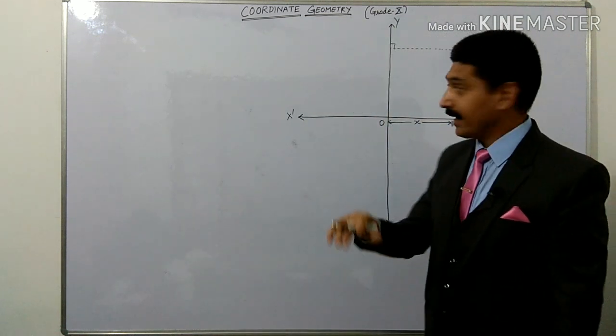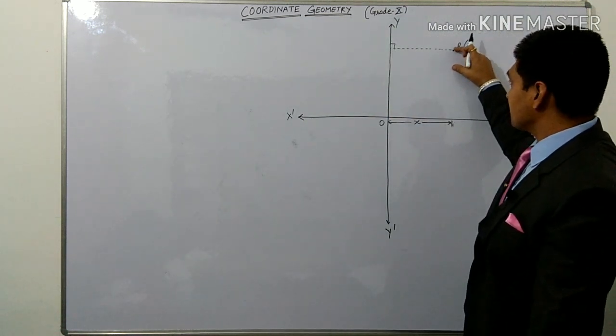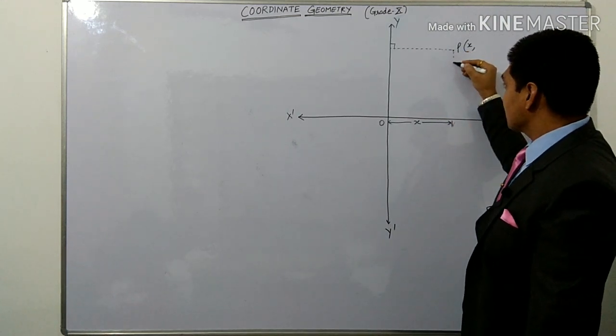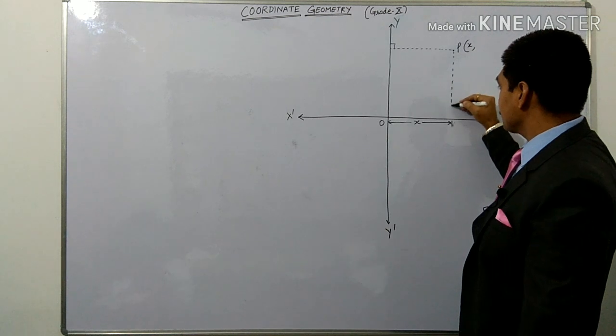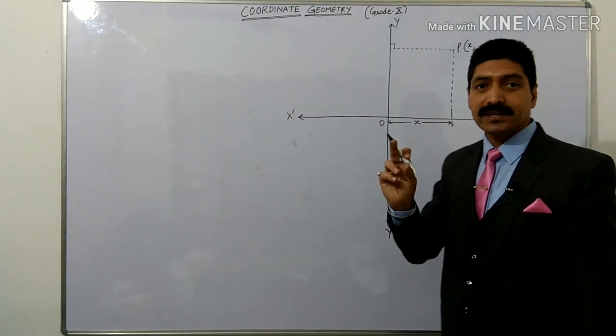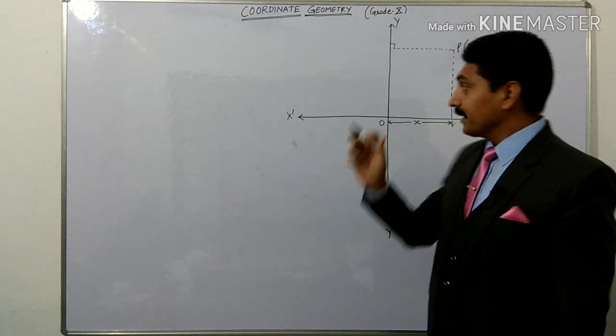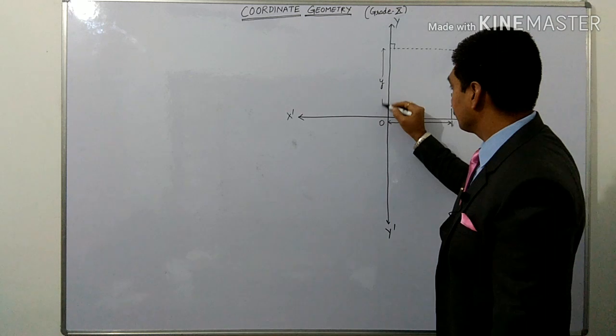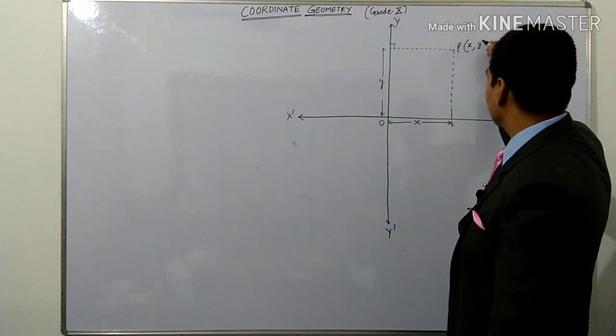On the same hand, this position of this point P from x-axis, this is the perpendicular distance from this x-axis, we are denoting it as ordinate, and this distance is the y, and here we are writing y.